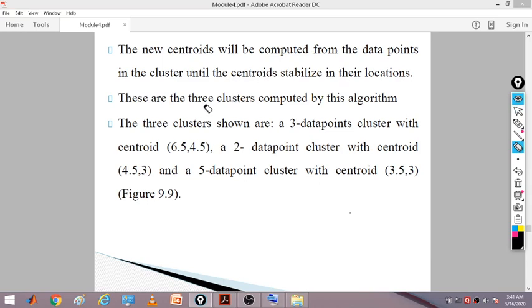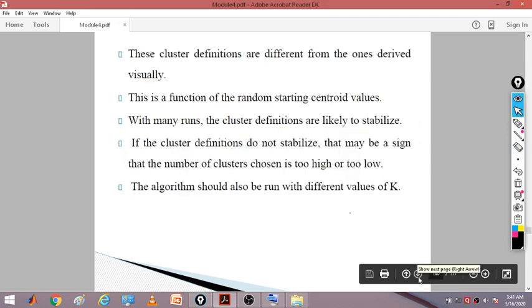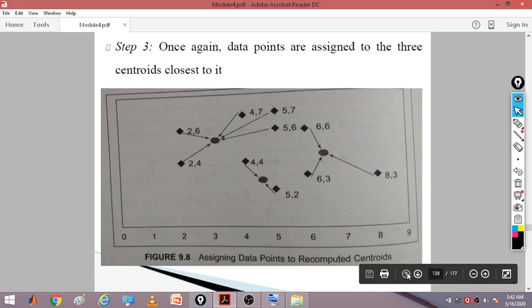So these are the 3 clusters computed by this algorithm. Now the 3 clusters are shown: a 3 data point cluster with centroid 6.5, 4.5, a 2 data point cluster with centroid 4.5, 3, and a 5 data point cluster with centroid 3.5, 5 that we have obtained. We can see it here; that was in the previous diagram only, so that is exactly the data point we have got.